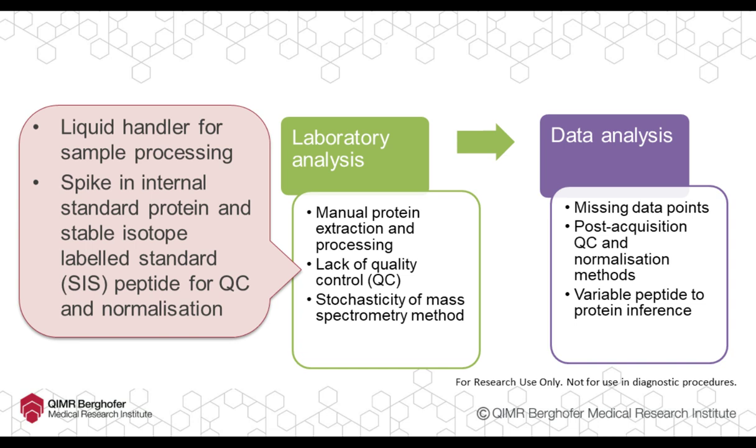Another key measure is to spike in internal standard proteins and stable isotope-labeled peptides, which allows you to check the quality of the runs and potentially use for normalization if required. And this helps a little bit in the data analysis aspect as well.